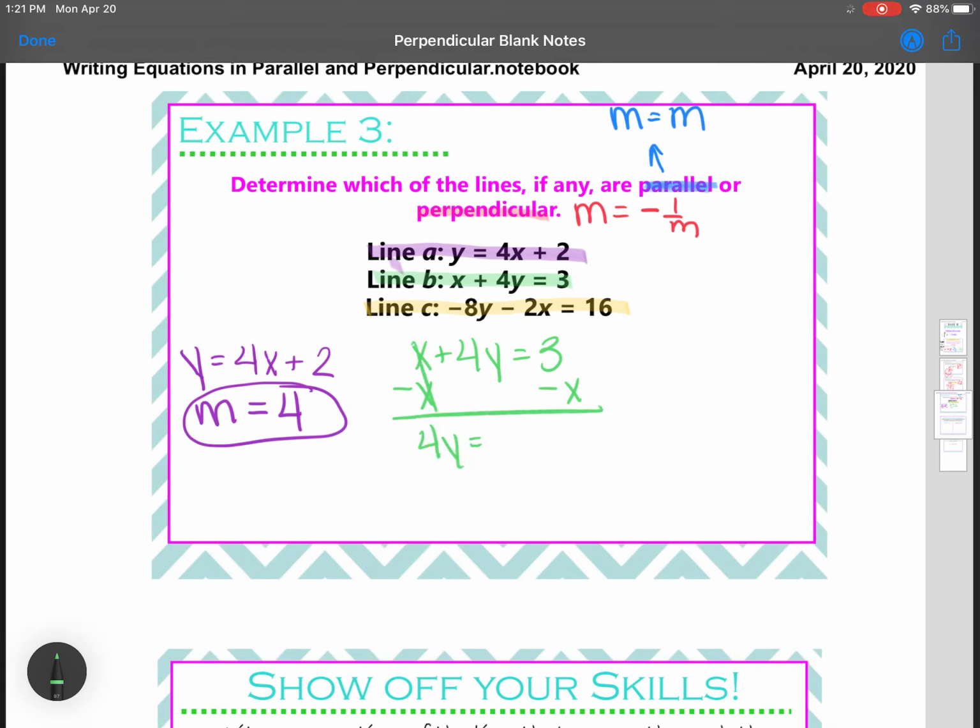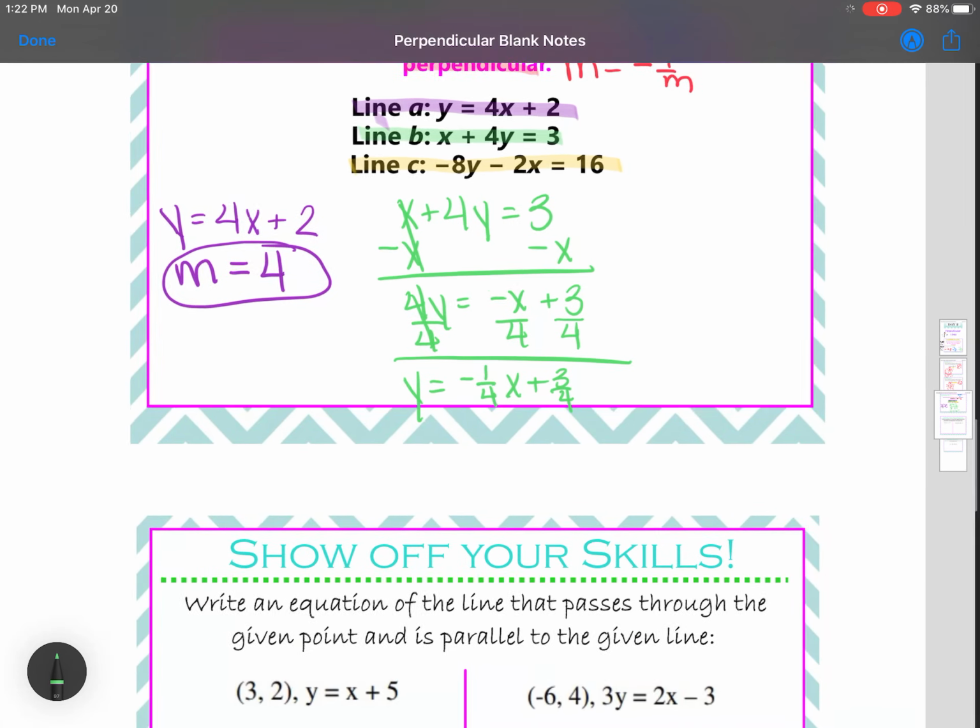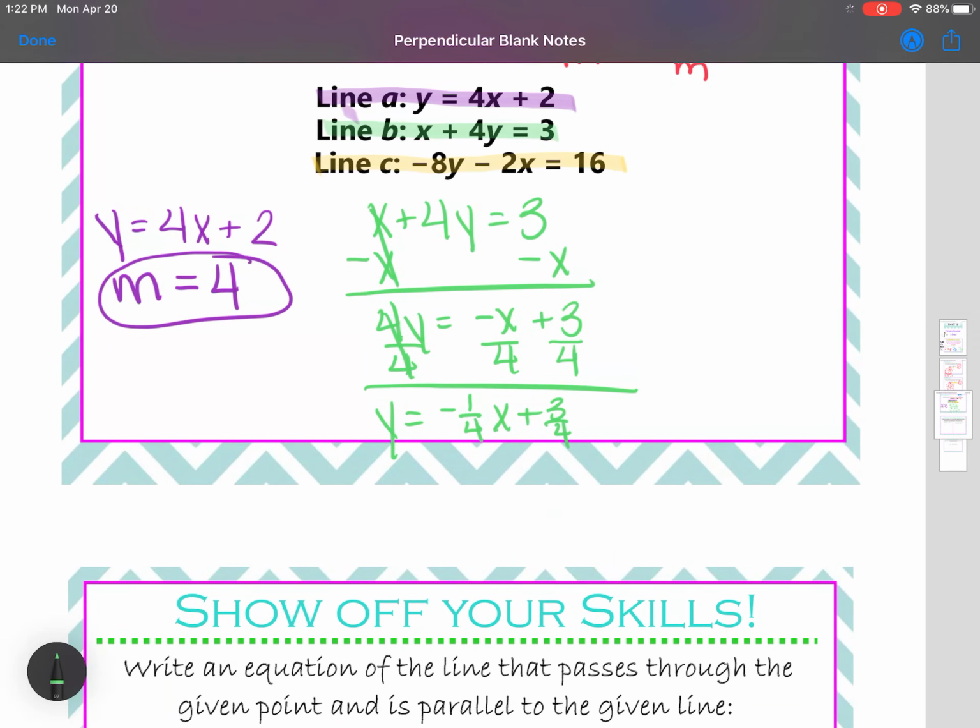I have 4y equals negative x plus 3, dividing all 3 terms by 4. Y equals negative 1/4 x plus 3/4. So my slope in the second line, m equals negative 1/4.